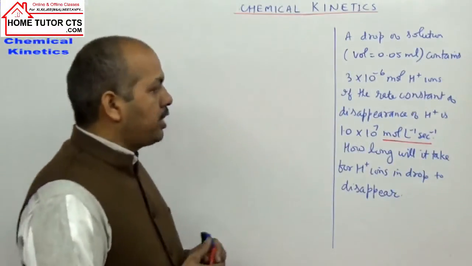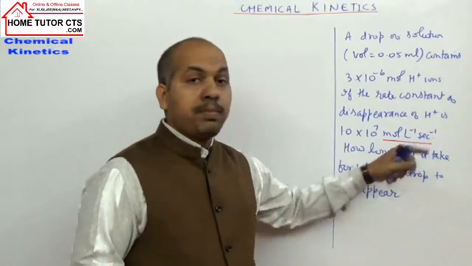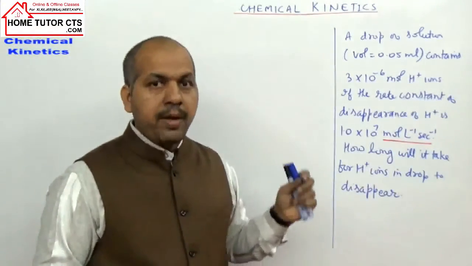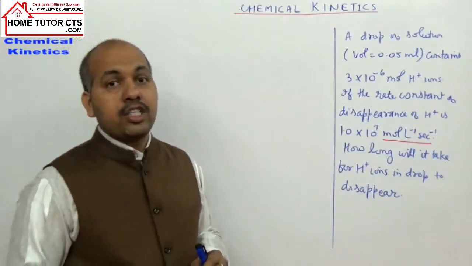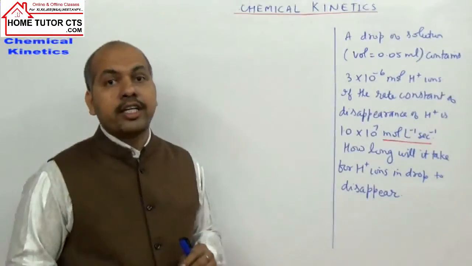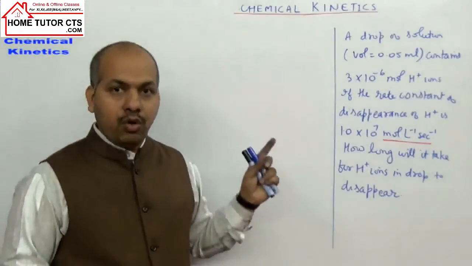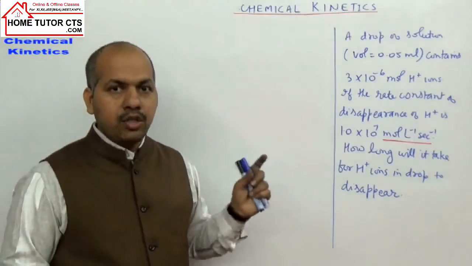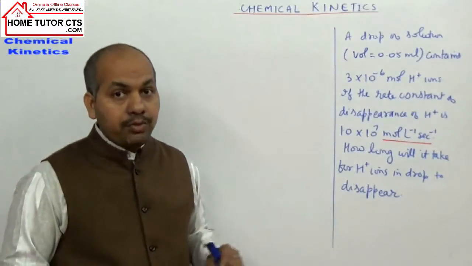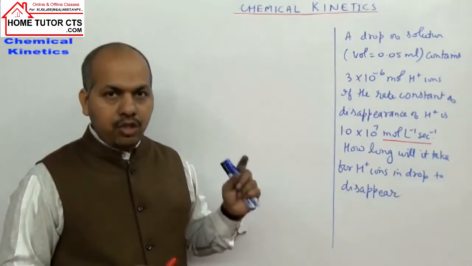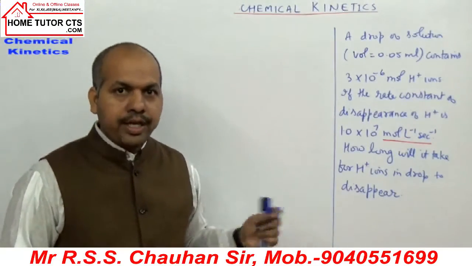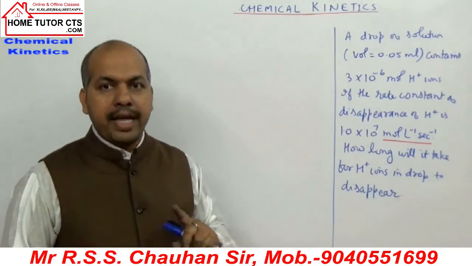The rate constant has unit moles per liter per second. It indicates the reaction is following zero order kinetics. We told you that for a zero order reaction, the unit of rate and the rate constant are the same.